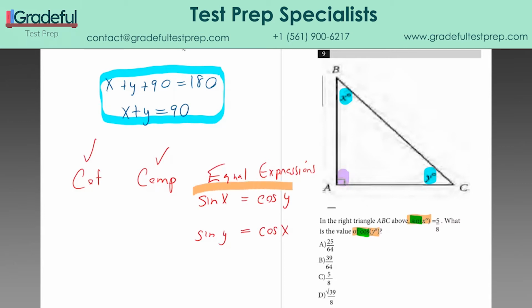So that's this one, and those two things are equal. So what we're saying is that this expression here is equal to this expression here. And if the first one is equal to 5/8, then the second one is equal to 5/8, and we basically have a super easy SAT question if you're already prepped with the correct concept.